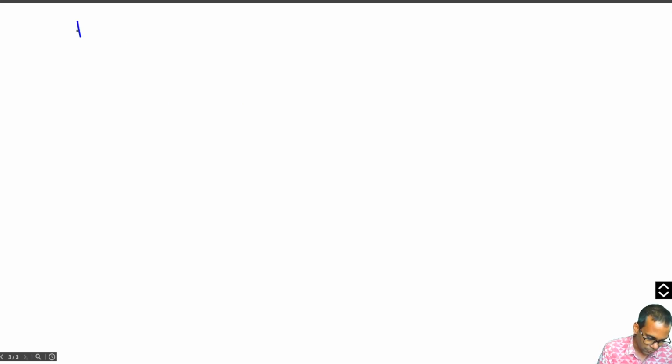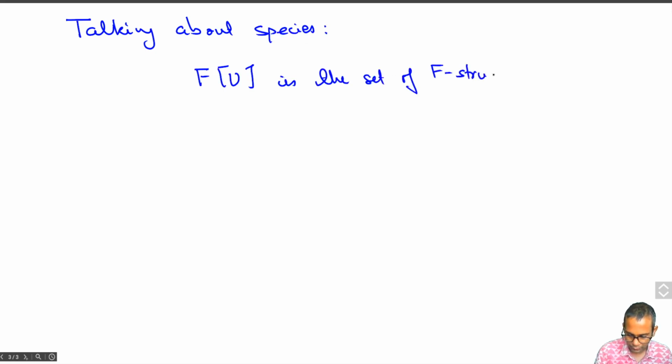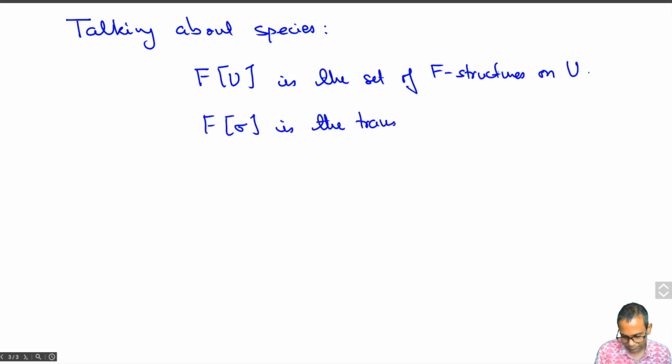And so talking about species, we say F of U is the set of F structures on U, and F sigma is the transfer of structure via sigma.